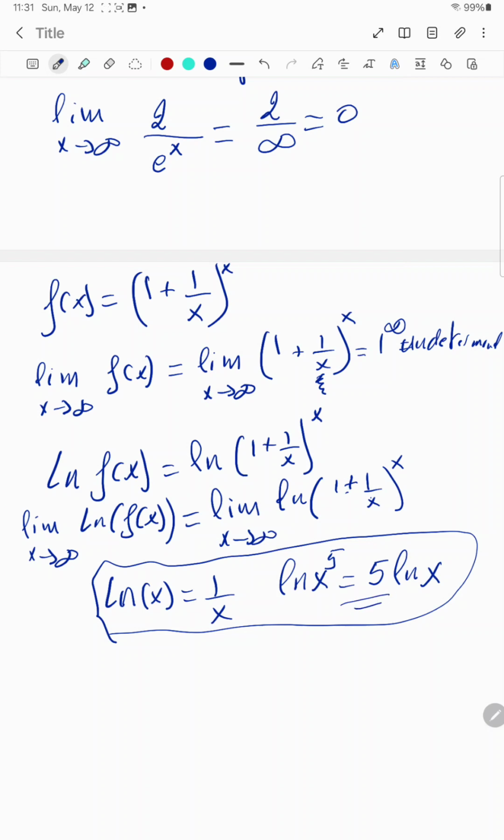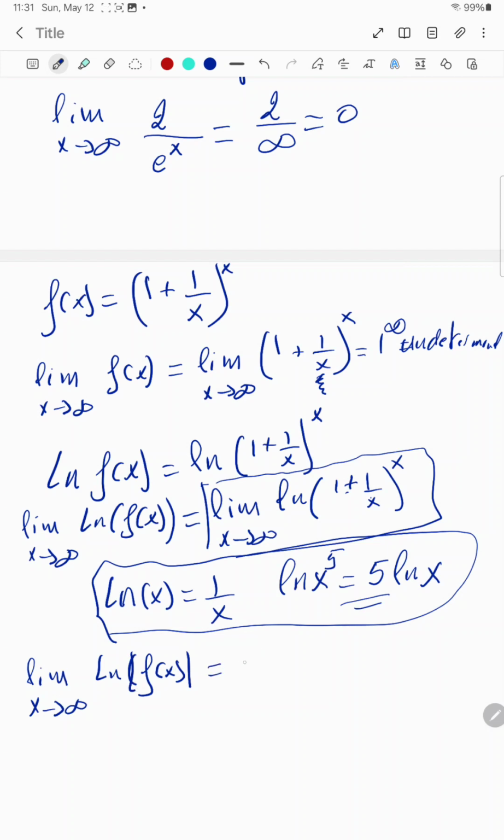I will start with this. So I take that part of my formula. The limit when x goes to infinity of ln of f of x is equal to the limit when x goes to infinity, and I can bring the x here according to that logarithmic rule, x ln of 1 plus 1 over x.